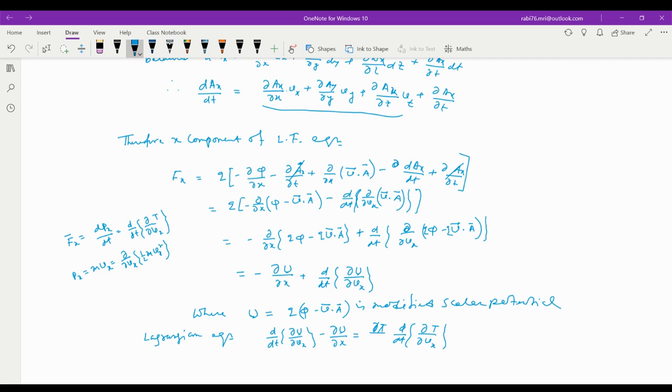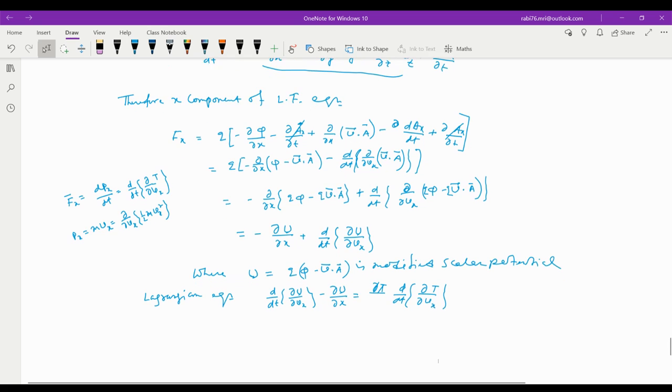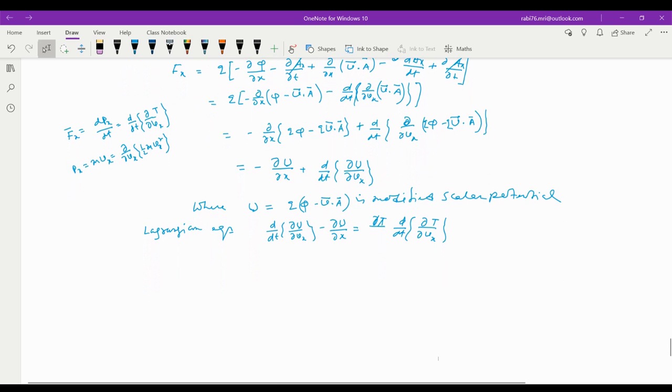So now Lagrange's equation becomes, if this comes this side, then d/dt of del by del vx of T minus u.